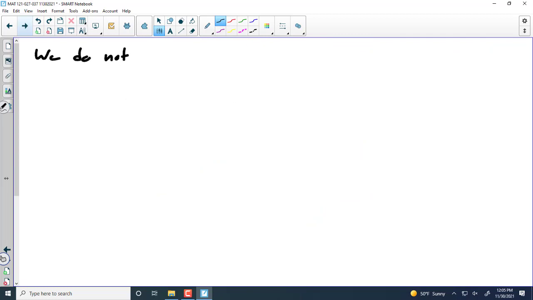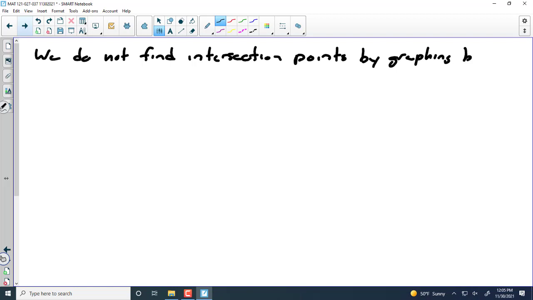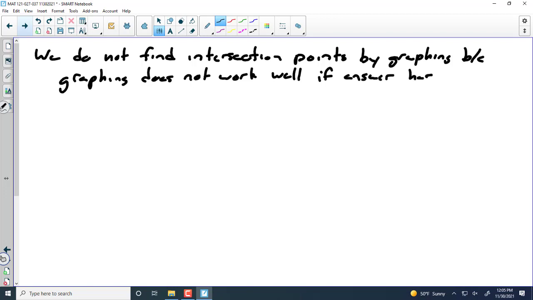We do not find intersection points by graphing, because graphing does not work well if the answer has a fraction or decimal.